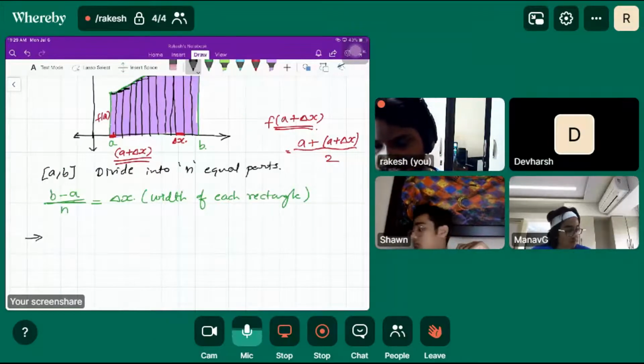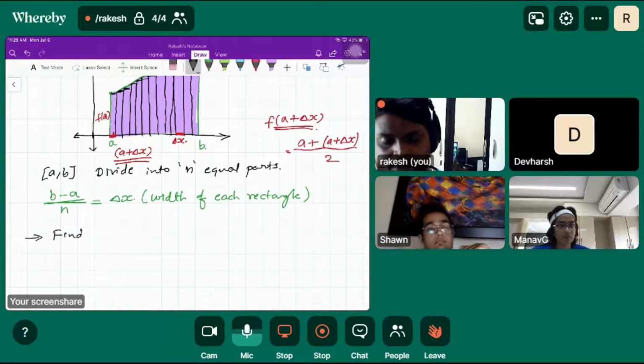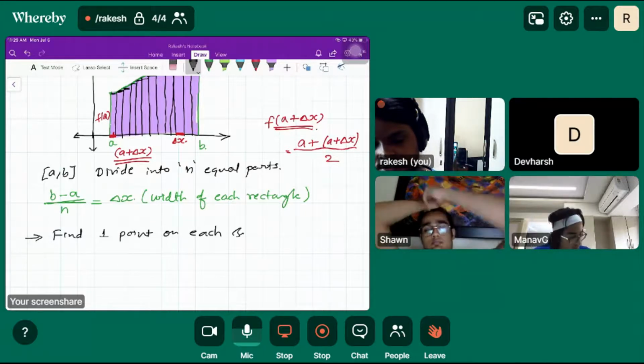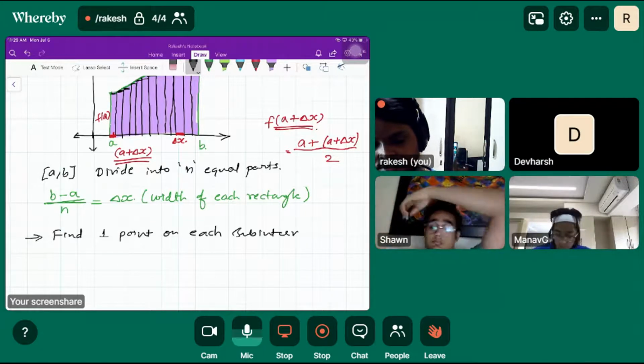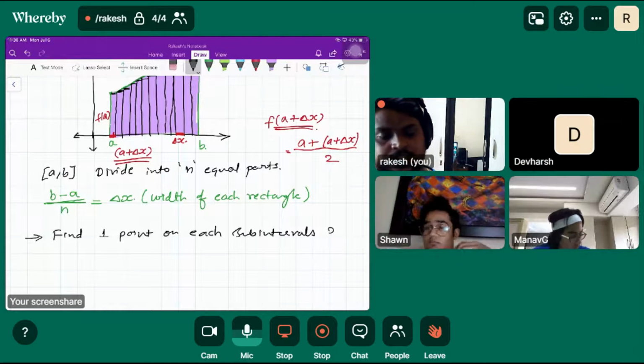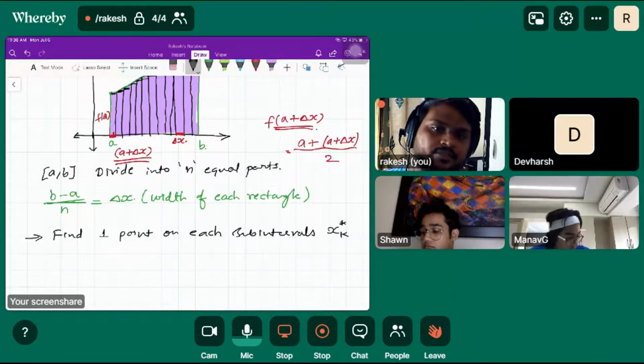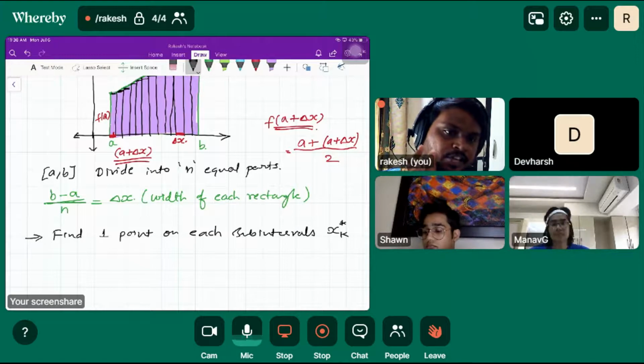So what we do basically, we find one point on each sub interval, right? Let's say that is xk star. Xk star means any point on that width, any point.